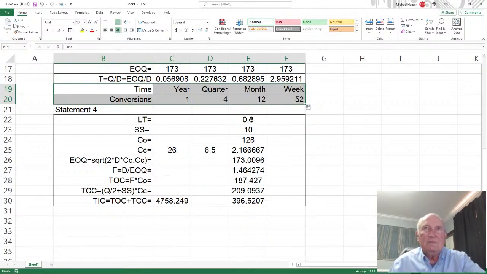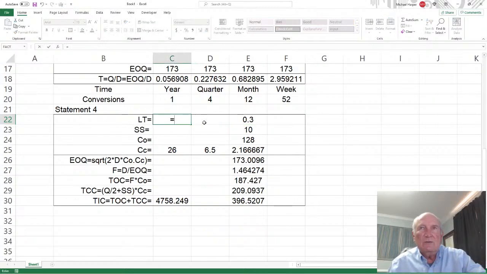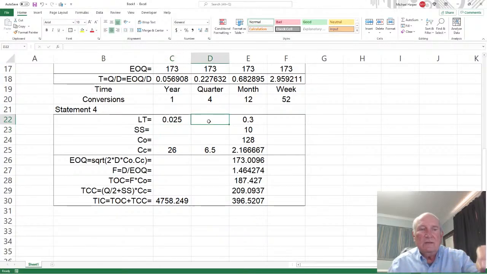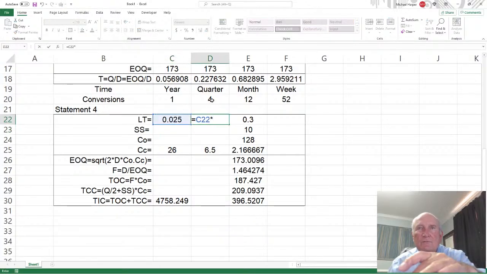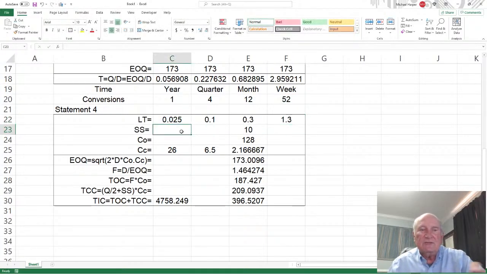So if the lead time is this per month, let's center these. Then we'll just say equals this divided by 12, equals this times 4, equals this times 52. The safety stock of 10 is the same.